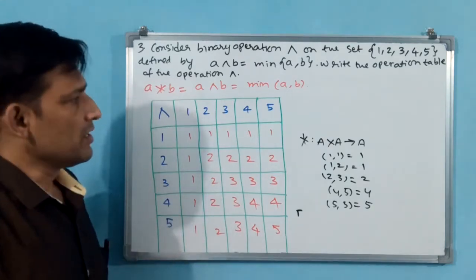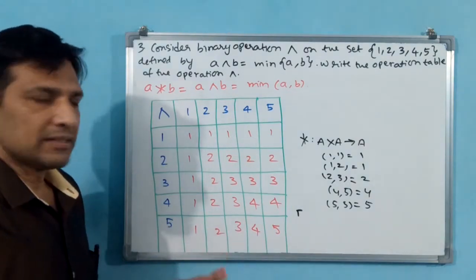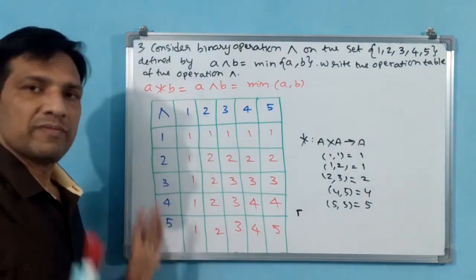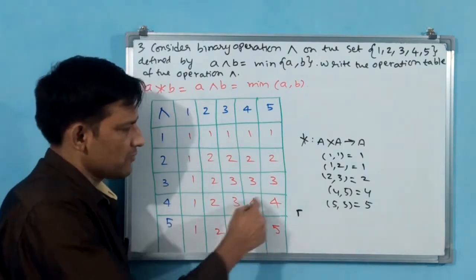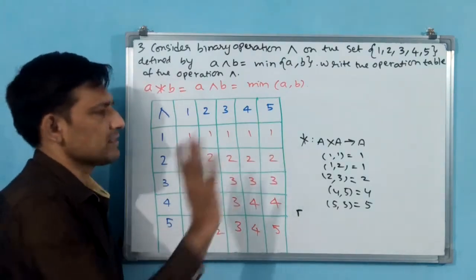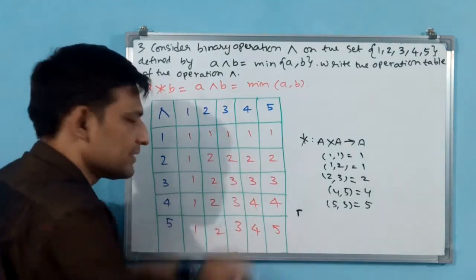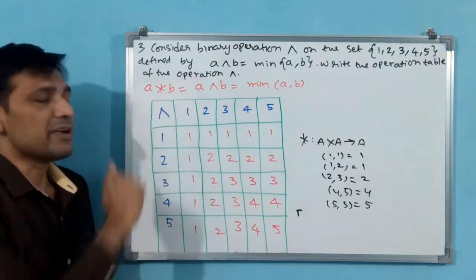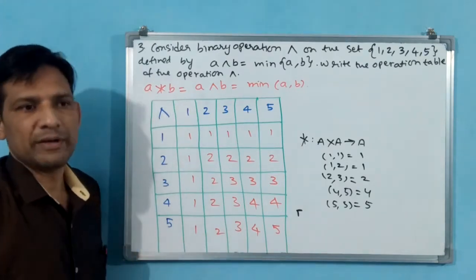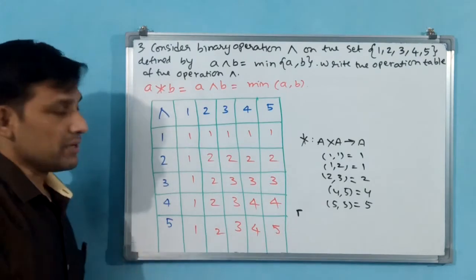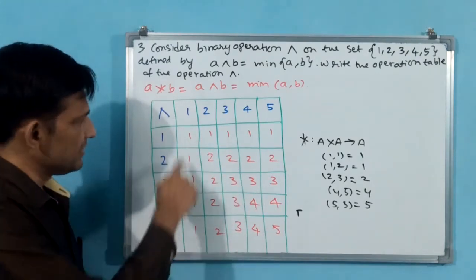Even if you do this calculation or not, the examiner doesn't bother, but these values have to be filled very carefully, because they will observe this pattern only, whether 5, 4, 3, 2, 1 has come or not. If it has come, then they will strike a mark. For the min operation and max operation, they know very well how to see. If it is a different operation, they have to check each element, but here they need not check each element. They will see the pattern.